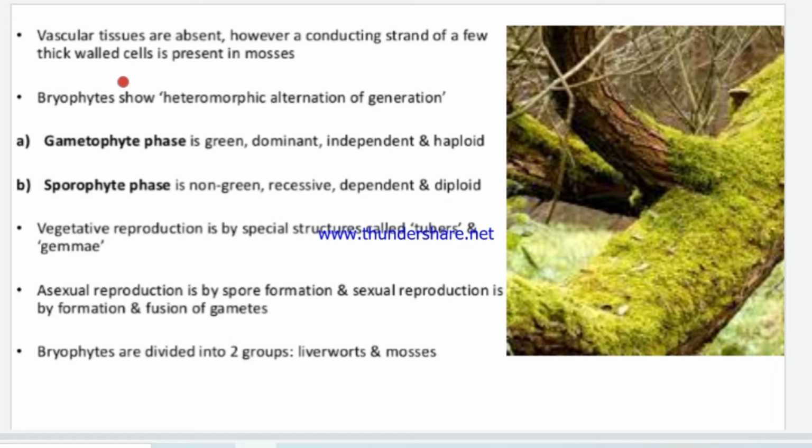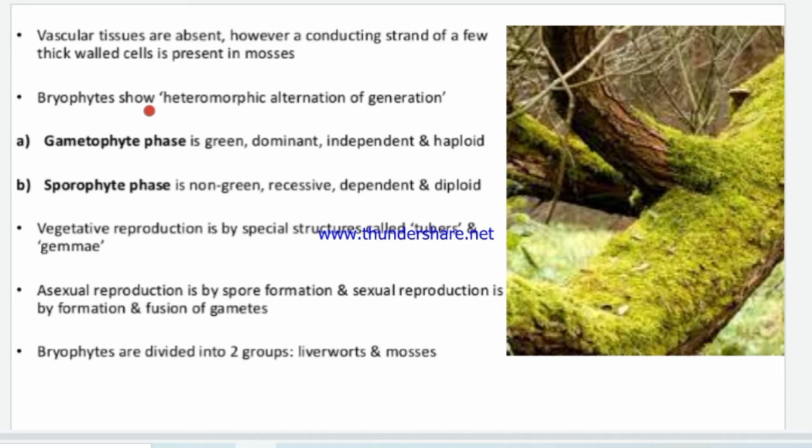Now, we all know that vascular tissues, that is xylem and phloem, are absent. However, a conducting strand of a few thick-walled cells is present in mosses, which are higher bryophytes. Bryophytes show heteromorphic alternation of generation.